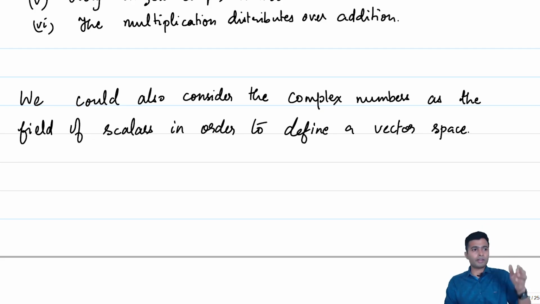So we could define a vector space over complex numbers. Sometimes such vector spaces are called complex vector spaces.